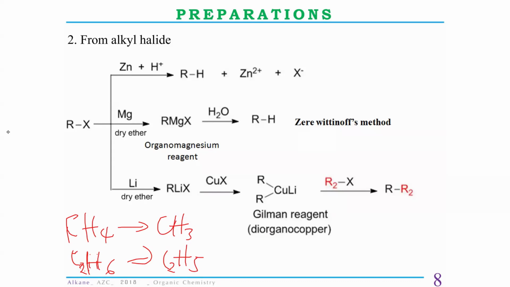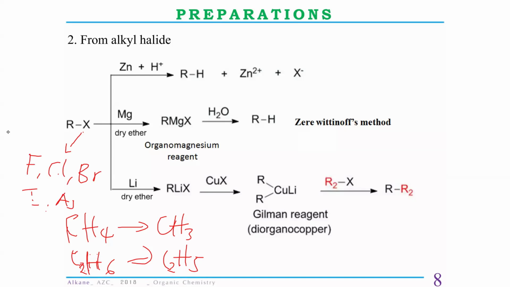When we say alkyl halide, it means an alkyl plus a halogen member, where X stands for halogens. The halogen members can be fluorine, chlorine, bromine, iodine, and astatine. You can obtain alkanes from these alkyl halides.